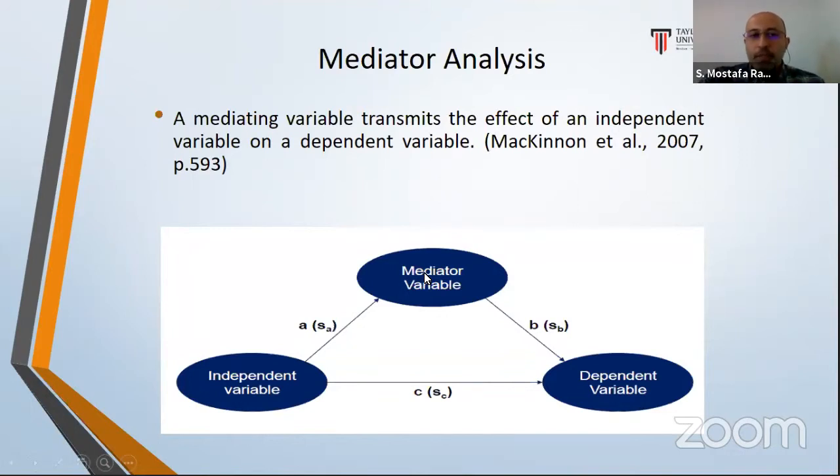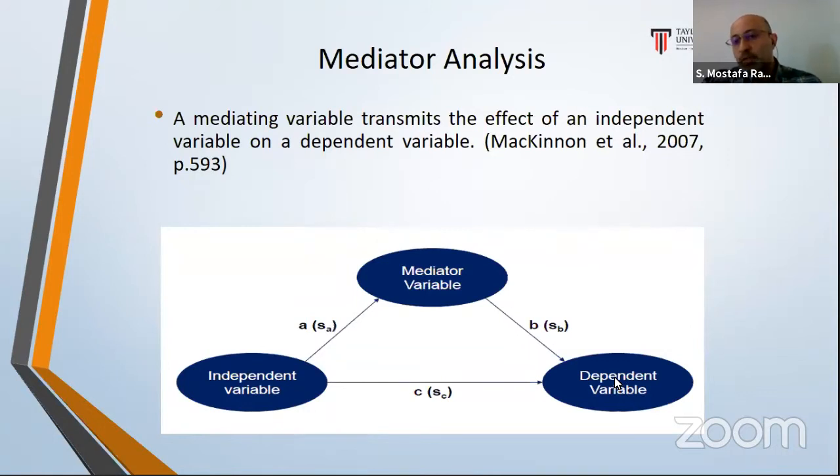When we talk about a mediator or mediating variable, we have a variable that transmits the effect of an independent variable to a dependent variable. So we need support from literature and theory for transmitting the effect of IV to DV.